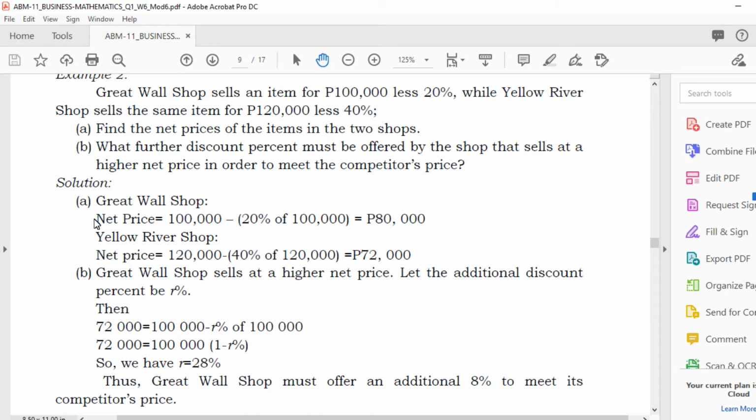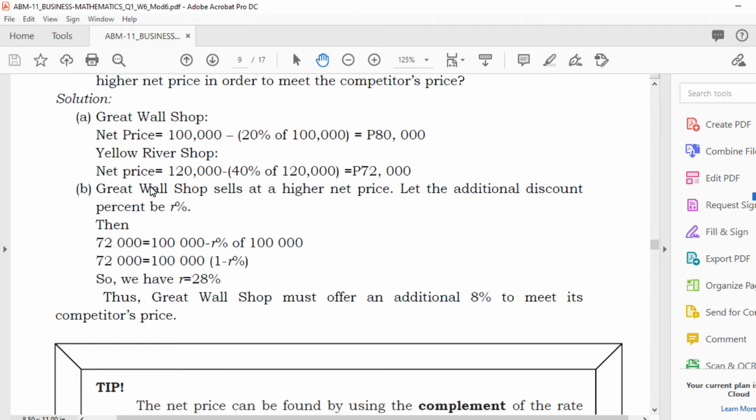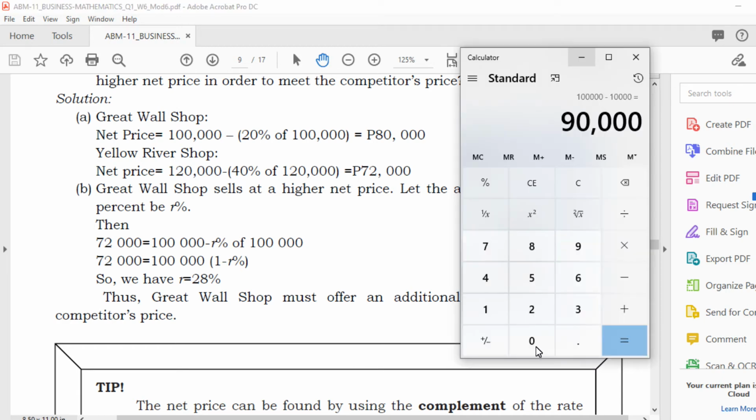Okay, solution. Great Wall Shop, net price is equals to 100,000 minus 20% of 100,000. Ano ba yung 20% of 100,000? 20,000. So, 100,000 minus 20,000, ang sagot niya ay 80,000. Yellow River Shop naman, net price is equals to 120,000 minus 40% of the 120,000. Kukunin naman natin to.